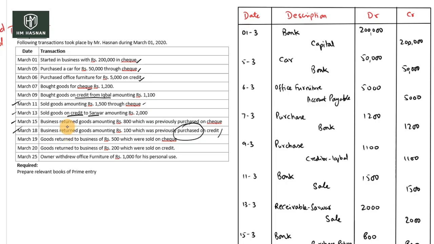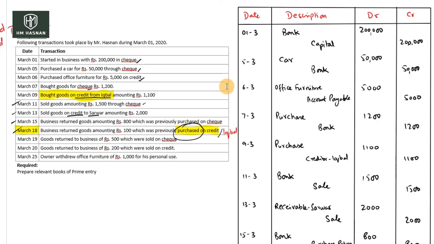Here, bought goods on credit from Iqbal. It means business purchased goods from Iqbal. So in the 18 March business returned goods which was previously purchased on credit, it means business returned goods amounting rupees 100 to Iqbal.